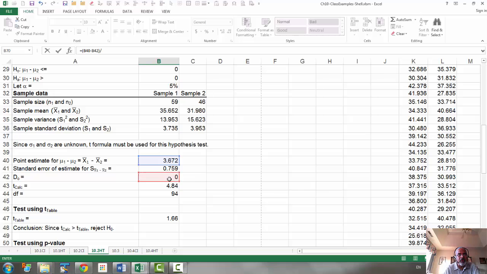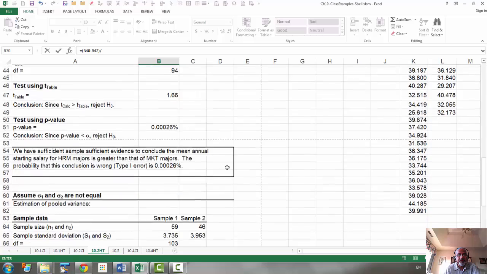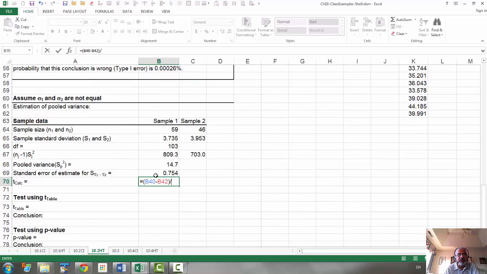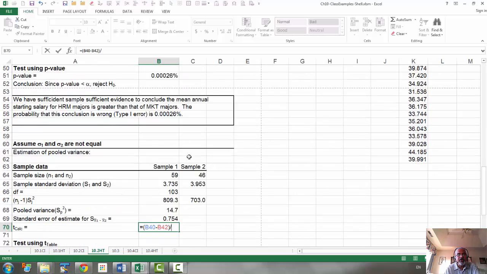This time we're going to divide not by the old standard error, but the new one, which is a little bit smaller than before. That's the advantage of assuming that the two standard deviations are equal, if that assumption is a valid one. You can't just simply assume it; there should be a reasonableness to it.